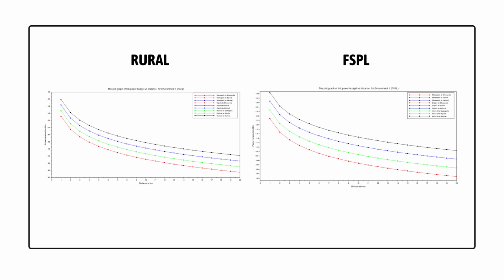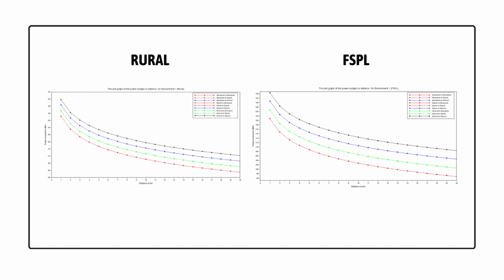The path loss graph for rural areas exhibits a gradual increase with distance, indicating that the signal power attenuates at a slower rate than in urban and suburban settings. Rural environments offer better signal propagation conditions, making them more suitable for long-range communication.